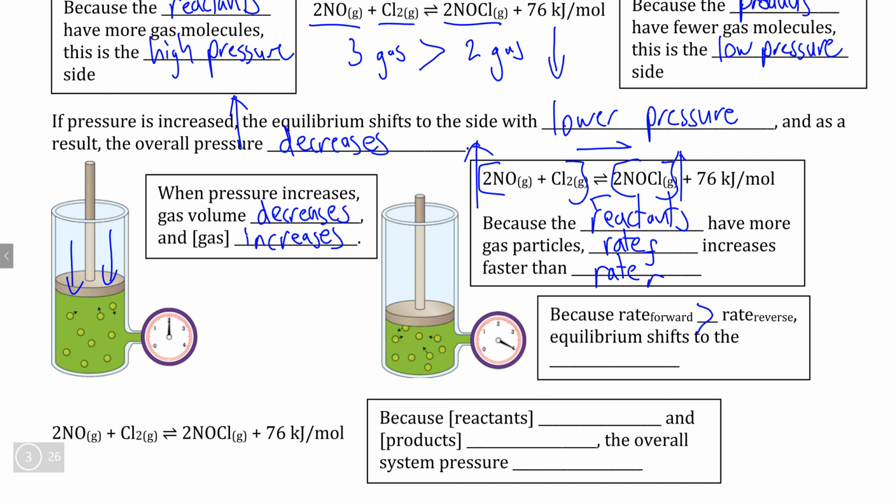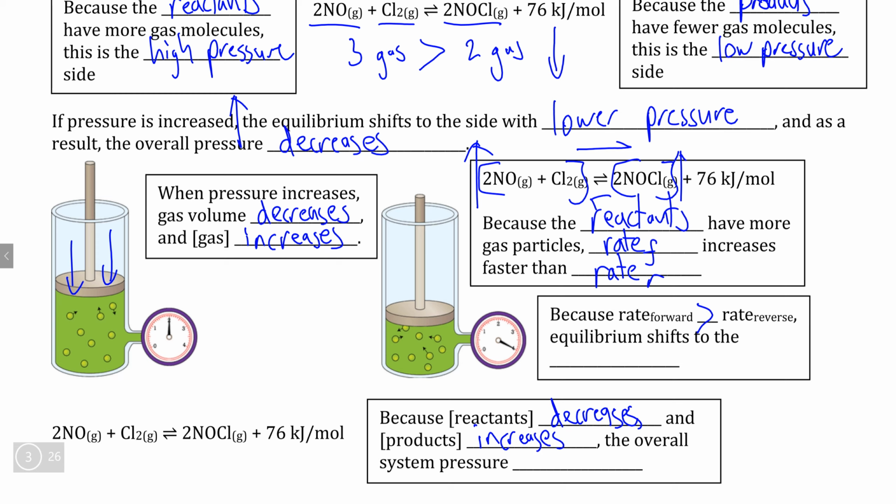the product side. So because of this, the concentration of reactants is going to decrease as a consequence of the equilibrium shifting toward the products, and the concentration of products is going to increase.